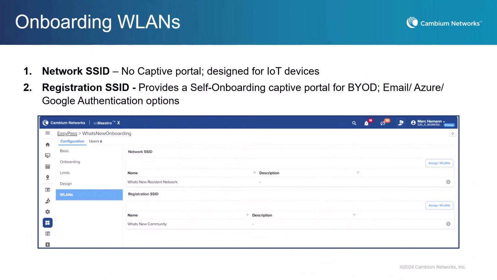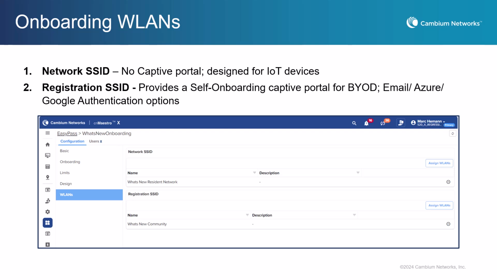EasyPass onboarding operates through 2 different types of wireless LANs. A network SSID, which does not have a captive portal and is designed for IoT devices without screens or browsers. And the second is a self-registration SSID, which provides a self-onboarding captive portal for BYOD use cases with email, Azure, and Google authentication options.